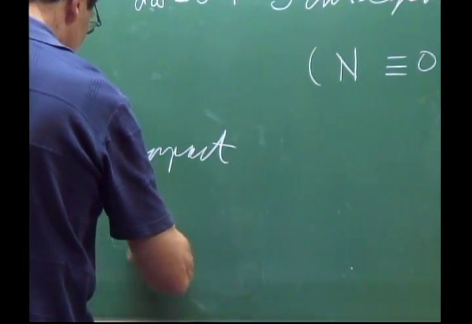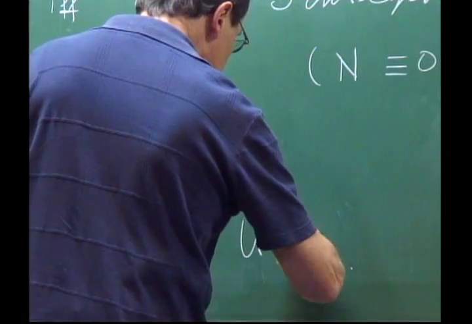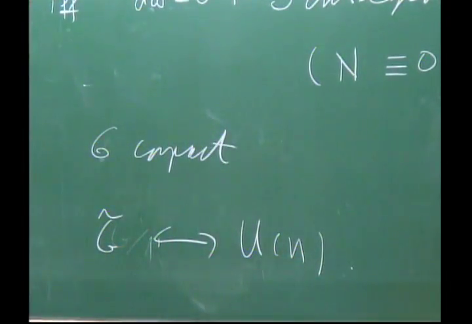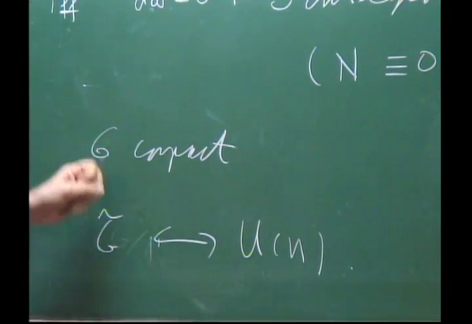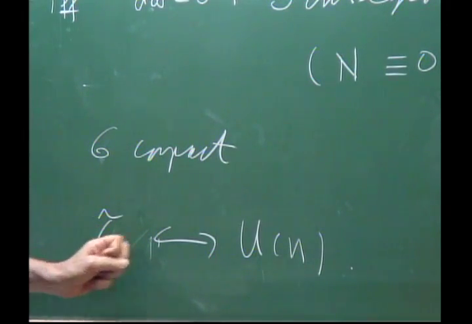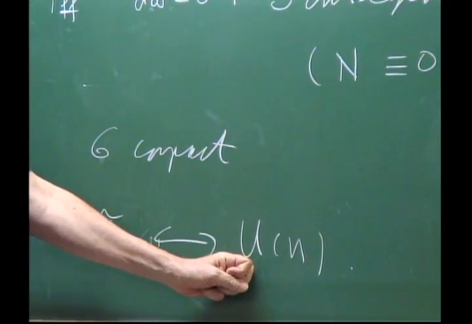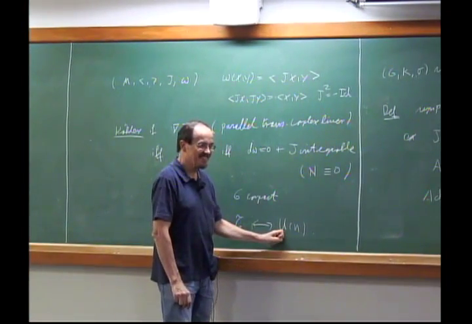There's some G tilde related to it. So let me just call it G, with a unitary complex representation. That's what it means. So every compact Lie group has a unitary complex representation. And then it may have a kernel. If I divide by the kernel, I get another Lie group up to covers, and it's then embedded into U(N). That's true. Of course, U(N) is not a complex Lie group.